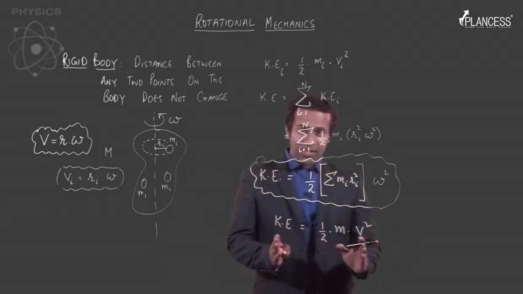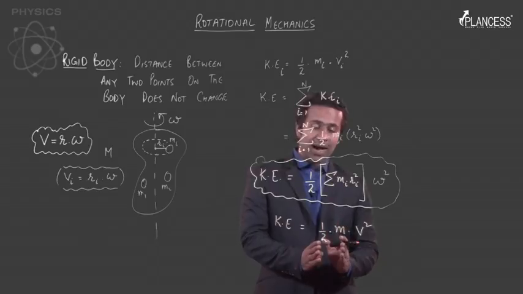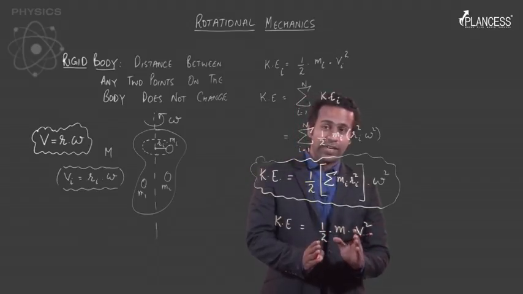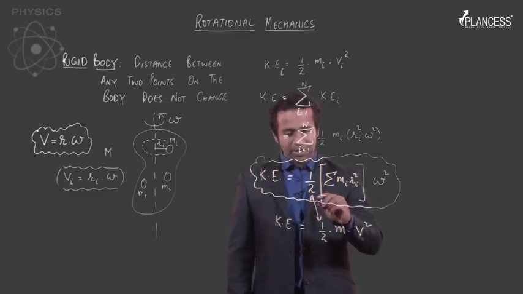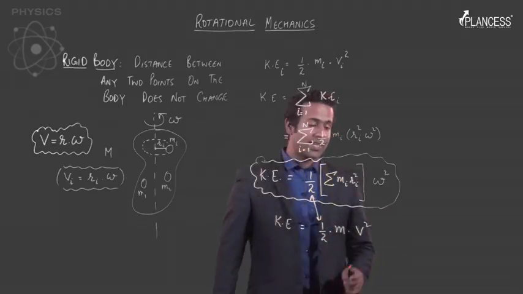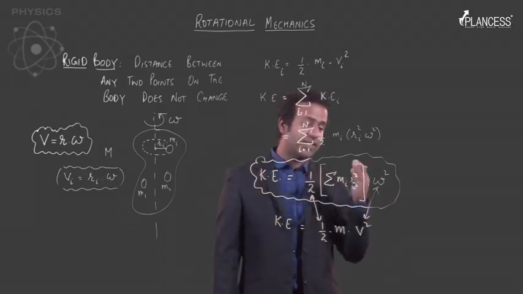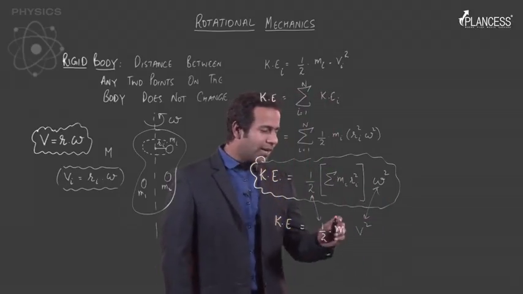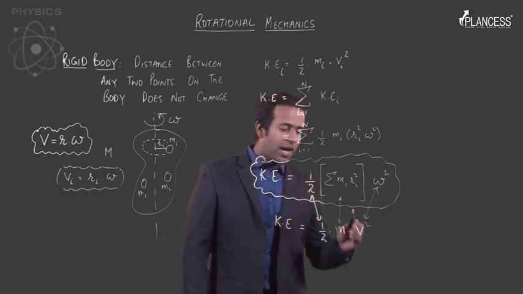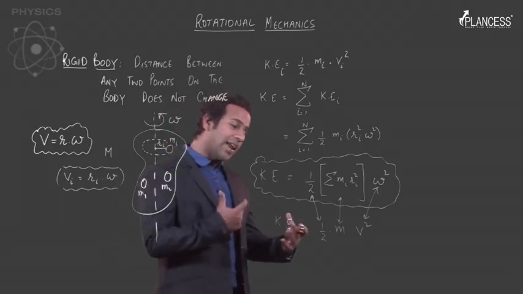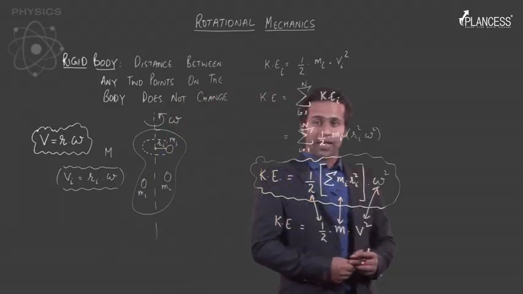And in the linear case we have half into mass into the square of linear speed. So this half sees its analog, omega clearly sees its analog. This is linear speed, this is angular speed. So we could say that these two terms are also sort of an analog of each other, right?